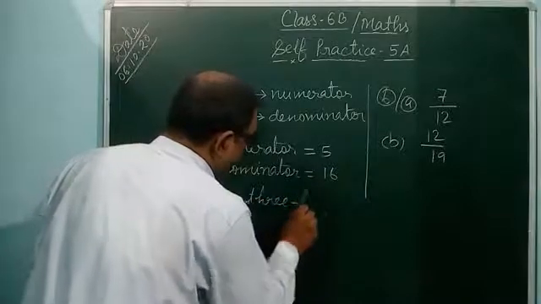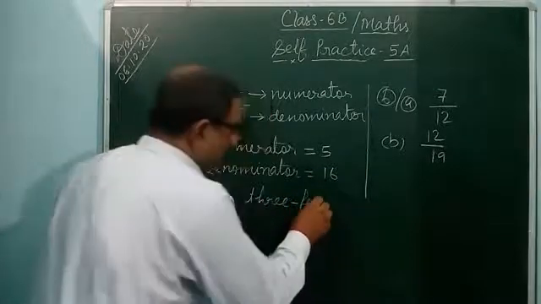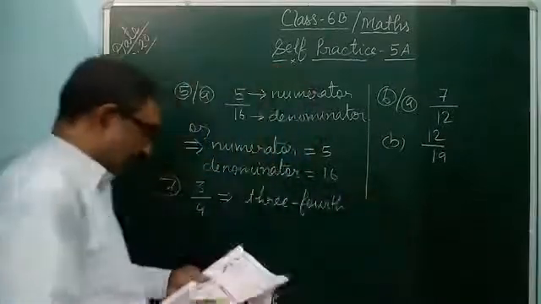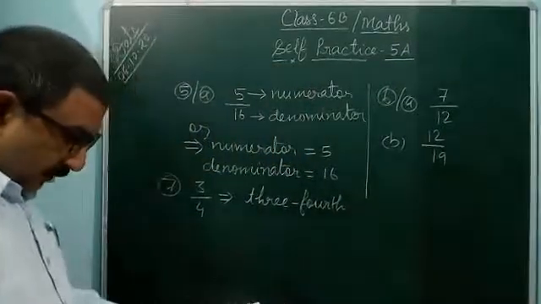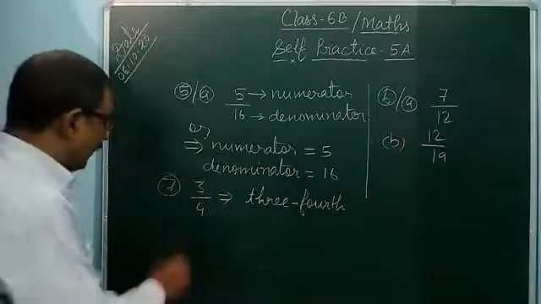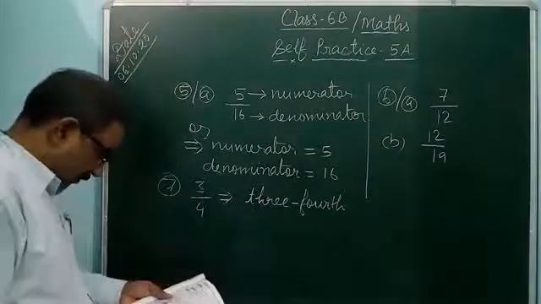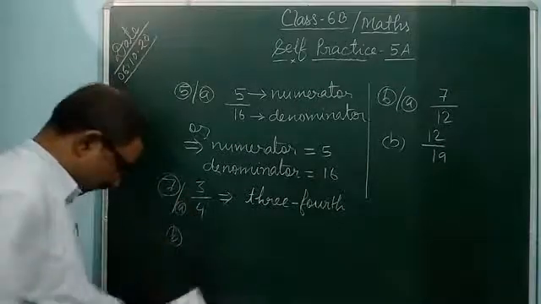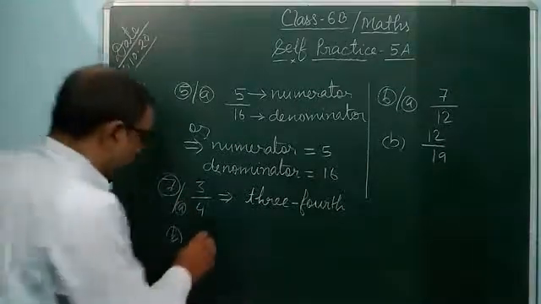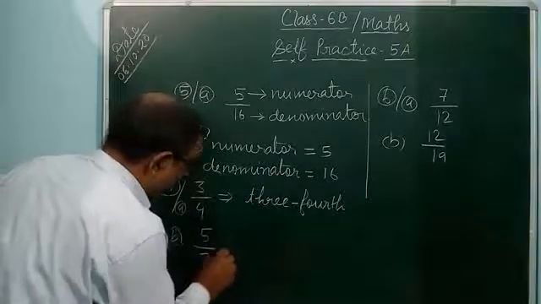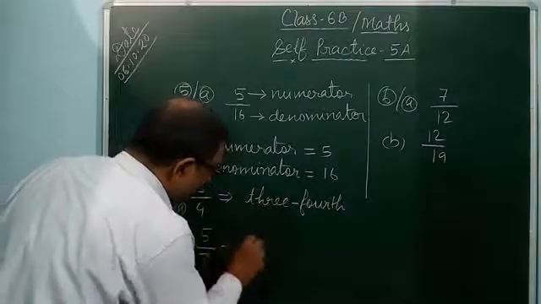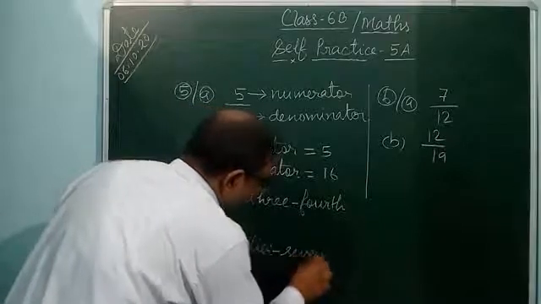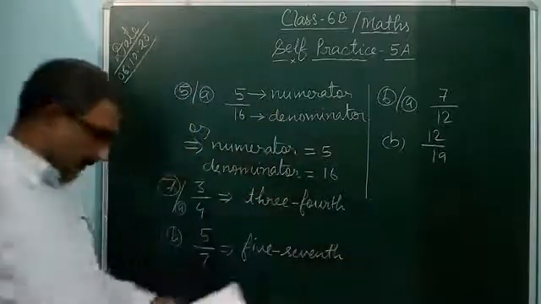3/4. You can write like that. And B. After A, B. 5/7. 5 by 7. You can write 5/7.